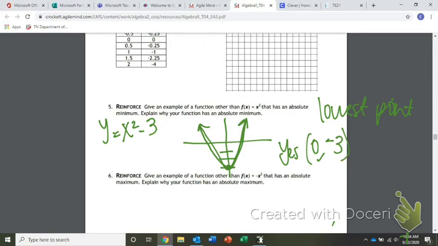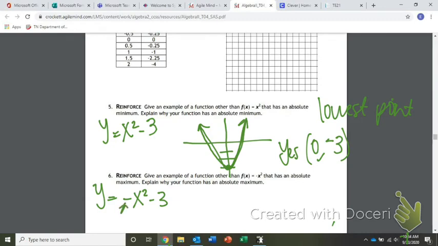Okay? Now, on number 6, if I wanted to use something other than negative x squared to have an absolute maximum, I could simply do that too. We can even use the same thing. Right, I can use this same thing, the same transformation, except this time I added something else.